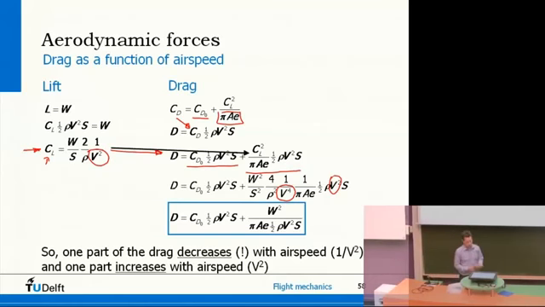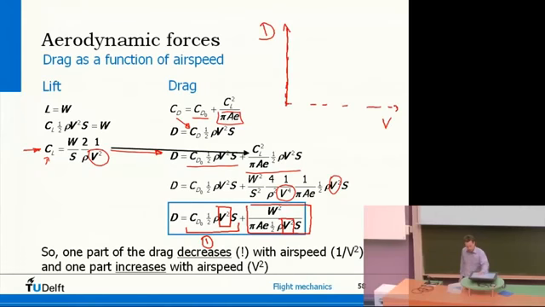What you have to see is that there's one part here on the left which depends on V squared, and one part here on the right which depends on 1 over V squared. So if I take the left-hand side, let's call that number 1, and plot drag as a function of airspeed, then curve number 1 looks more or less like this.